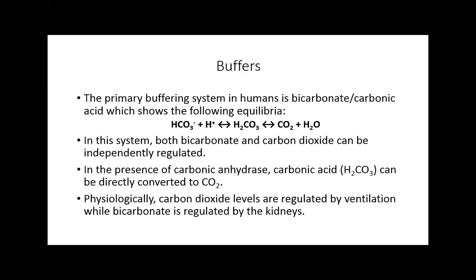So the normal equilibrium for these different reactions or equilibria can be adjusted based on the presence of carbonic anhydrase. And where do we find carbonic anhydrase? We find it in the liver. In the liver.